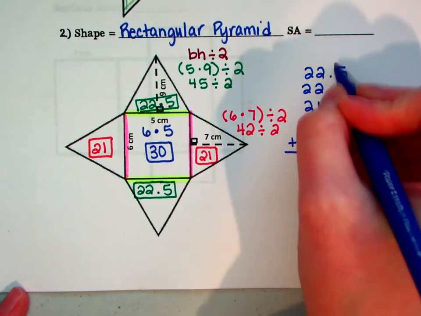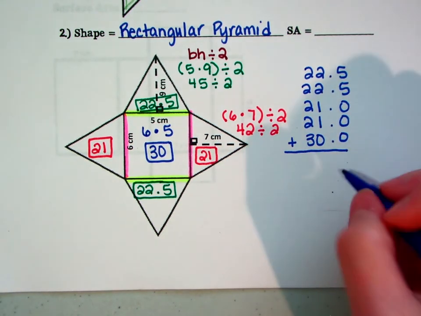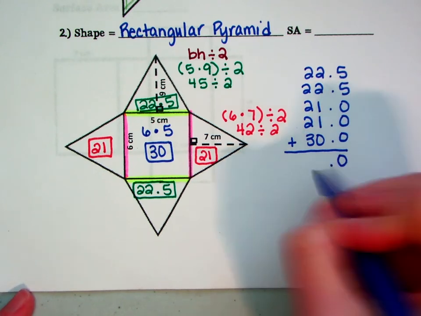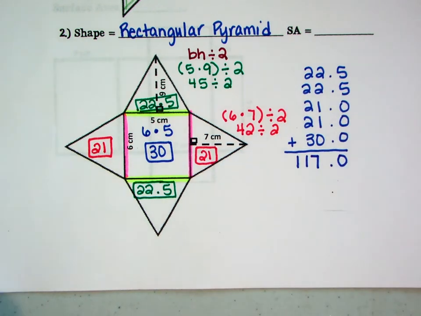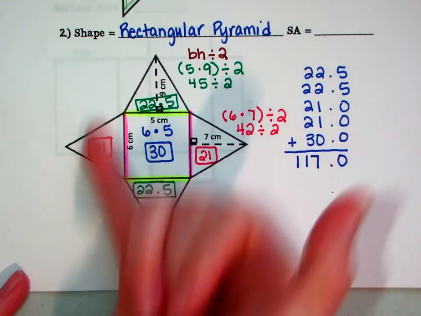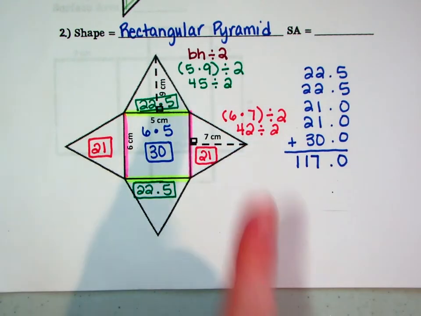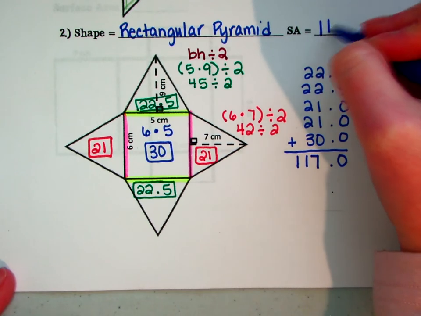But don't forget to line up those decimals or you're going to find yourself in a whole heap of trouble. So when you add these up, you will determine that you actually get 117. So the final surface area of this rectangular pyramid is 117 centimeters squared.